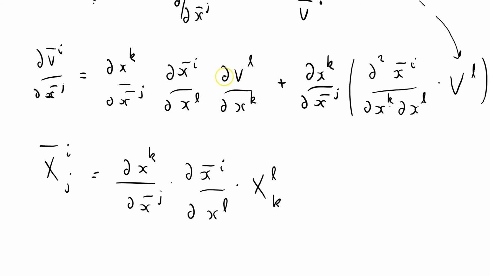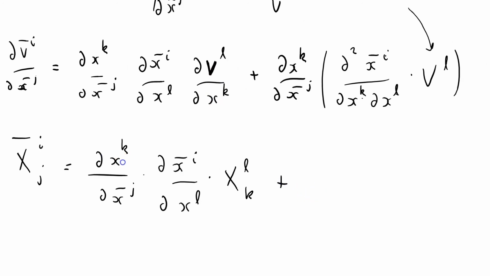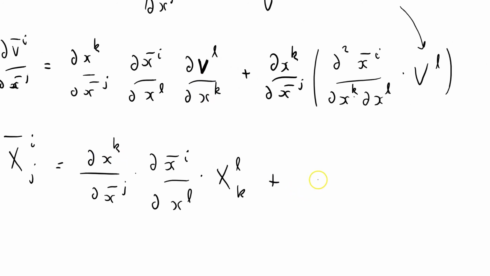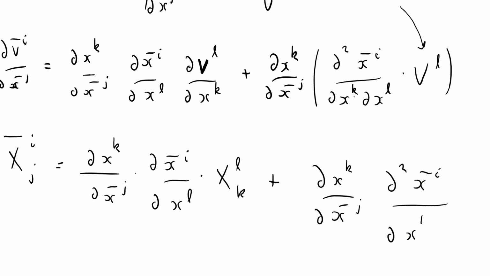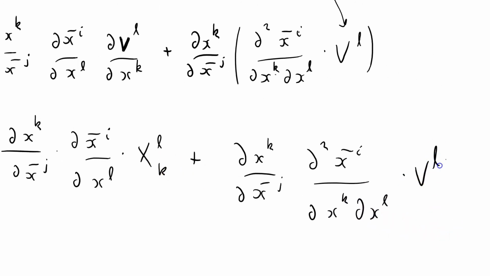Because that is the differential of my vector v with contravariant component L with respect to x^k, which is by definition this thing here. Plus this rather peculiar term here, let me just write it out, ∂x^k/∂x̄^j ∂²x̄^i/∂x^k∂x^L, all times v^L, and it's summed over L and k here.